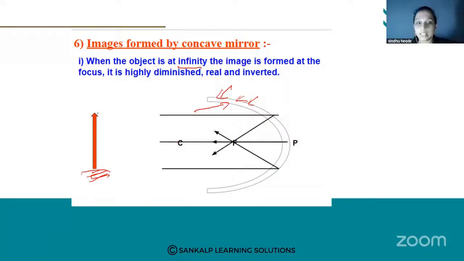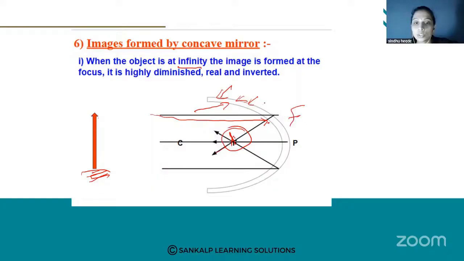Then the light falls on this object and reflects from the surface of the concave mirror, and then it passes through this point. What is F here?